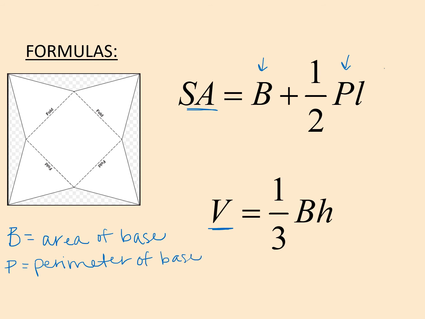Okay, but now we have this L, and again this L is a little different because the L stands for that slant height. Okay, so make sure we get a really good definition here. The slant height goes from the tip of the pyramid to the center of one side of the base.